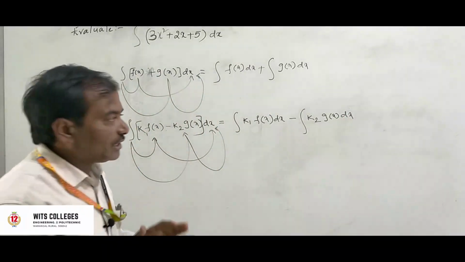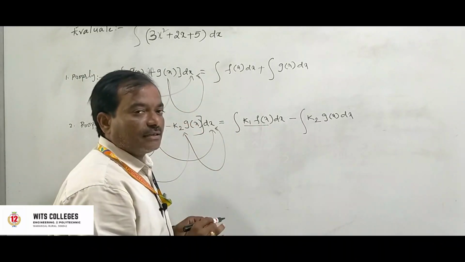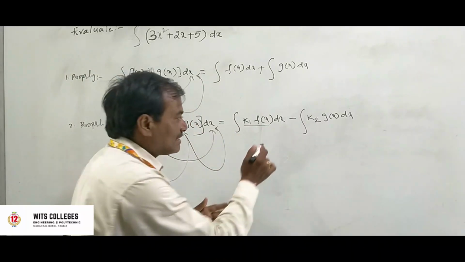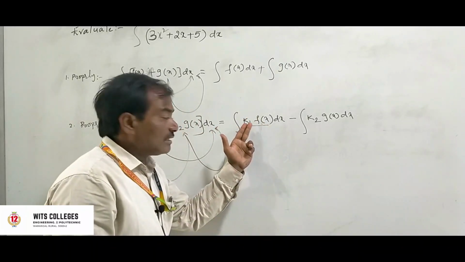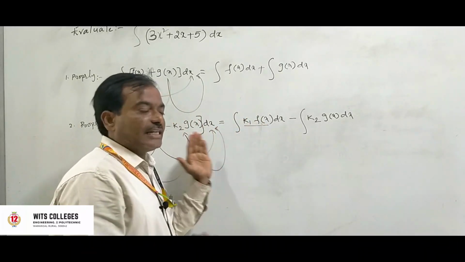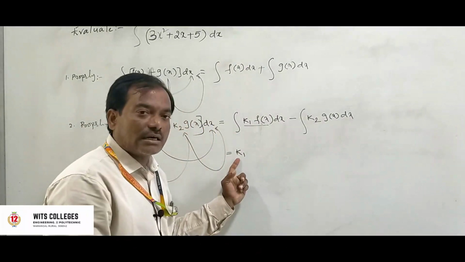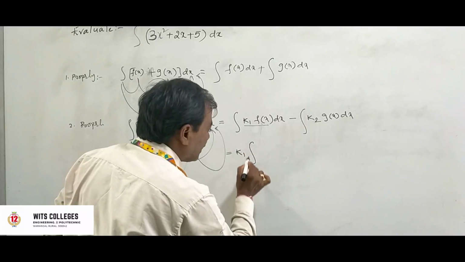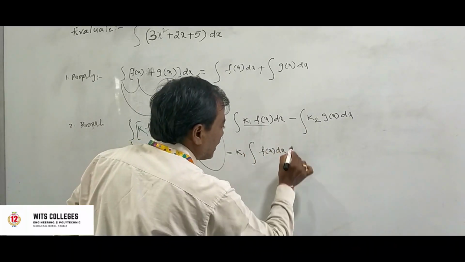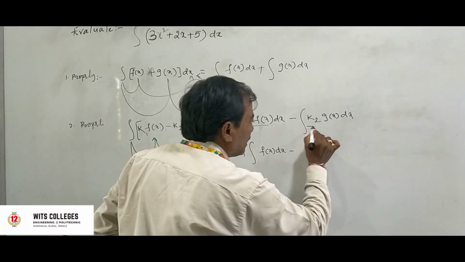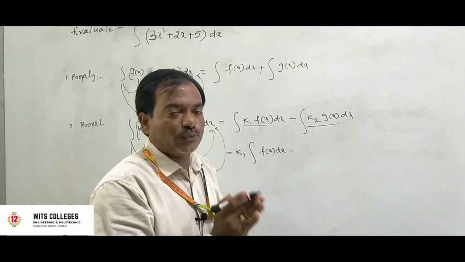And what is the second property here? If any function is multiplied by a constant, before finding this function's integral, we have to shift this constant outside the integral. So k1, because k1 is constant: k1 integral f of x dx, minus, and similarly here g of x is multiplied by a constant k2.